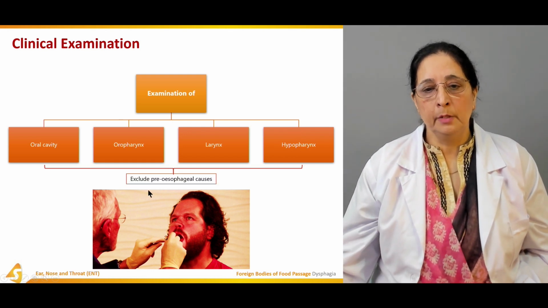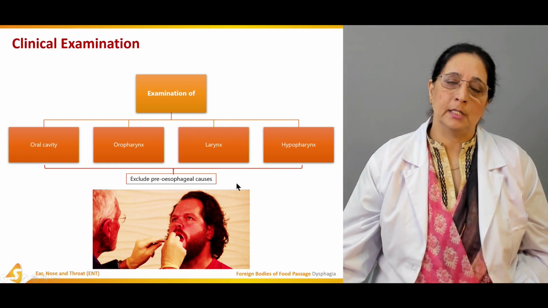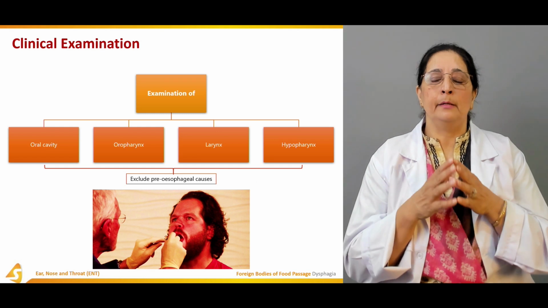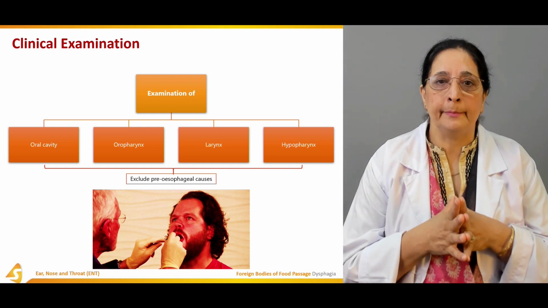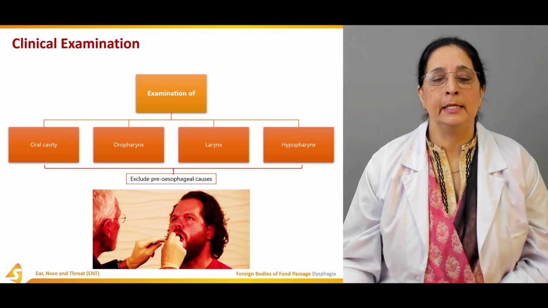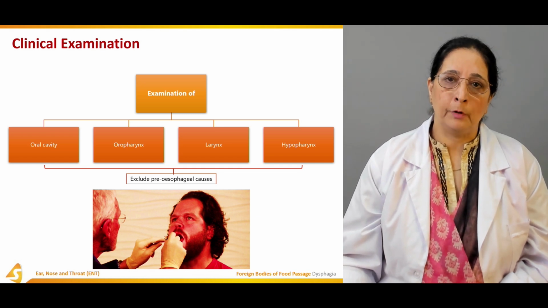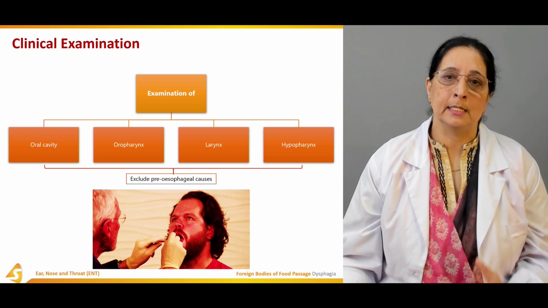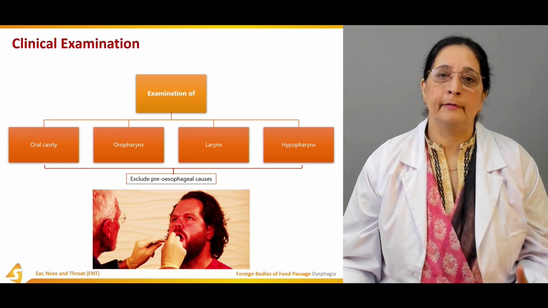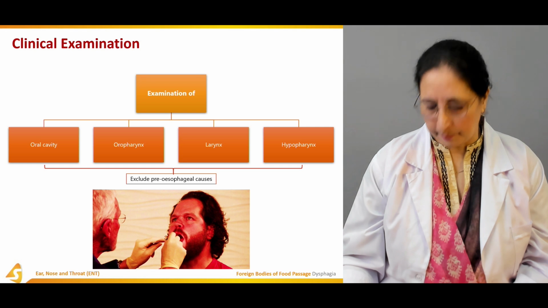This excludes pre-esophageal causes. Pre-esophageal causes we can easily examine by the oropharyngeal examination, if there is any foreign body present or any other abnormality. Lesions which can be ulcerative or inflammatory, we can easily observe them.